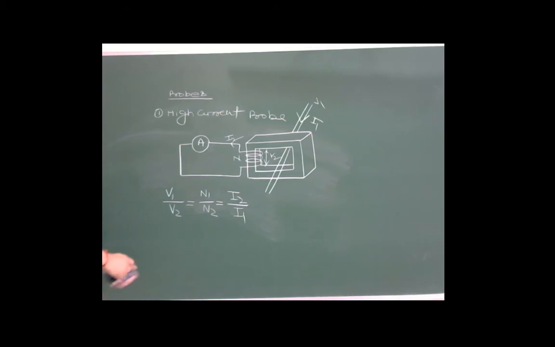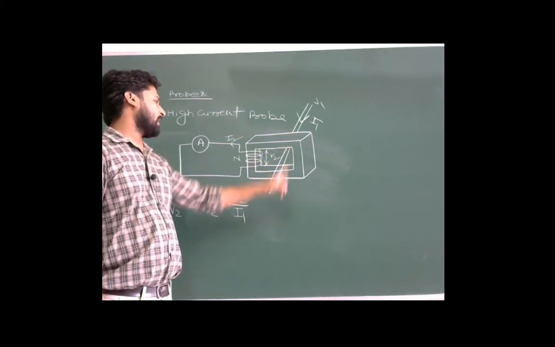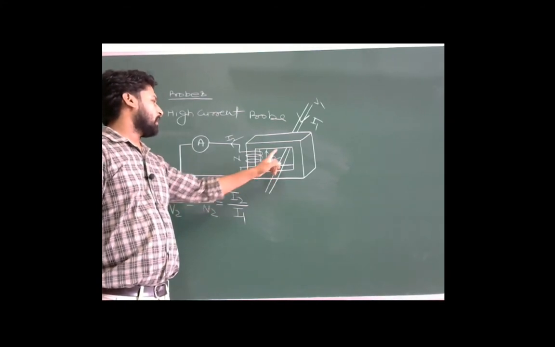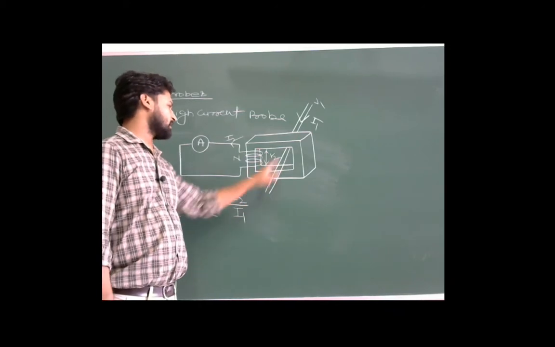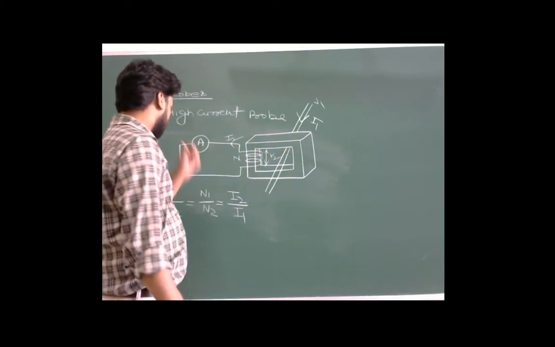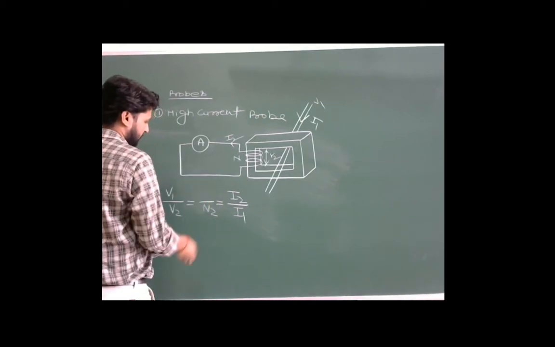N1 means this wire works as the primary winding for this transformer, and the number of turns is only 1 for this wire crossing the core of the transformer.